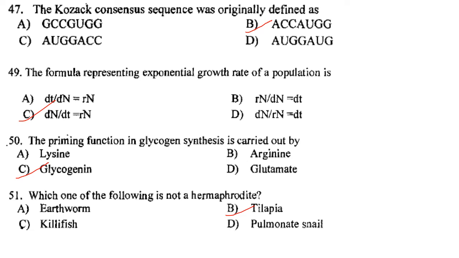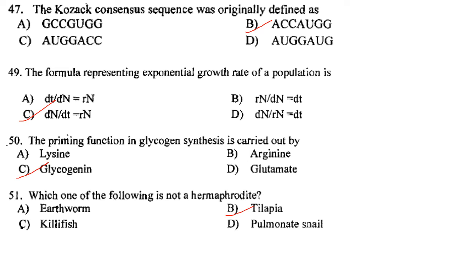Answer is option B. Kozak sequence is specific to eukaryotic mRNA which extends from approximately position -6 to position +6.